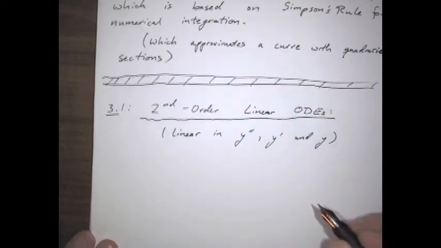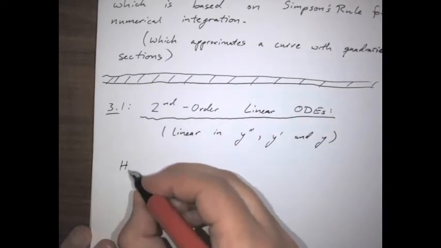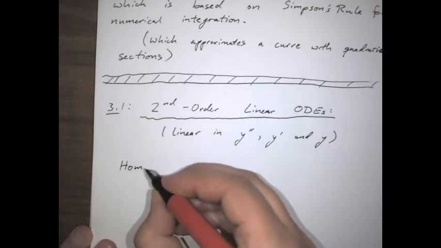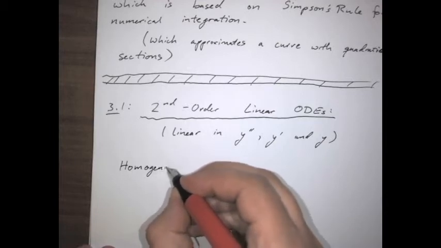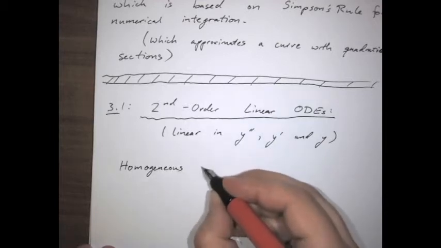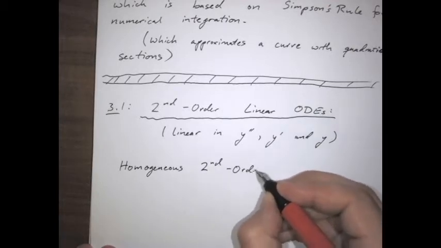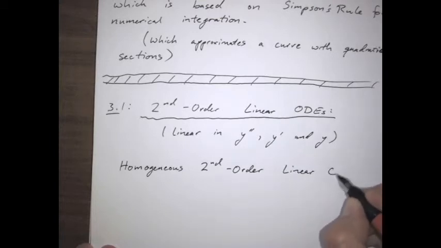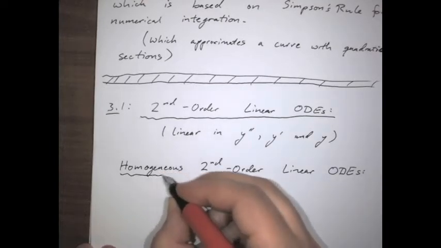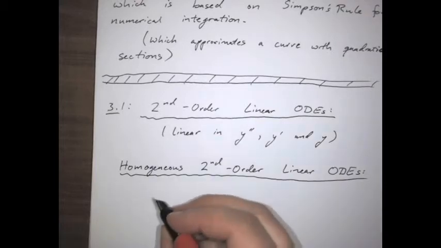Now we're going to start our investigation of these with a specific category of them, and that is homogeneous second order linear differential equations. So homogeneous second order linear ordinary differential equations. These are a very specific subcategory of these, and what's homogeneous about them is this.